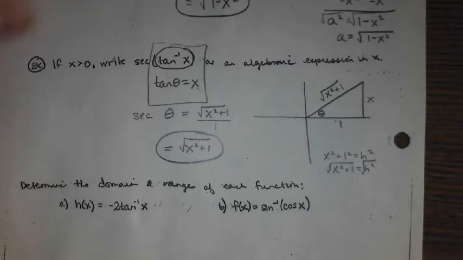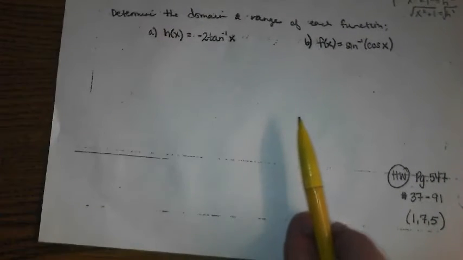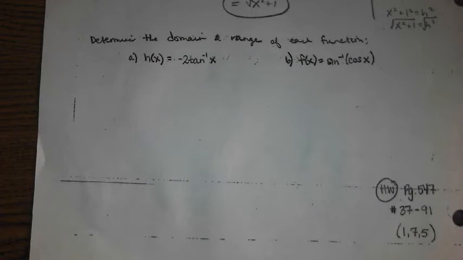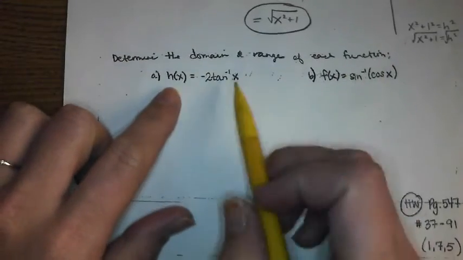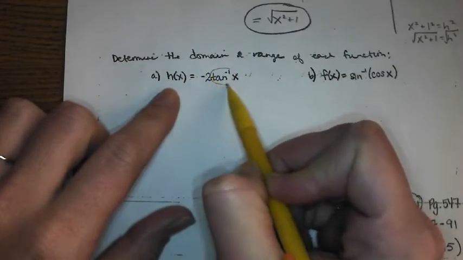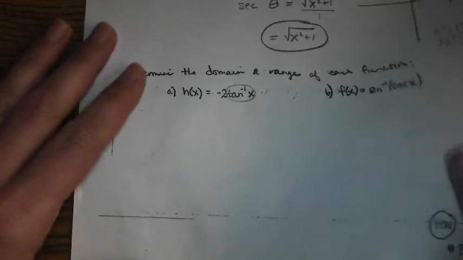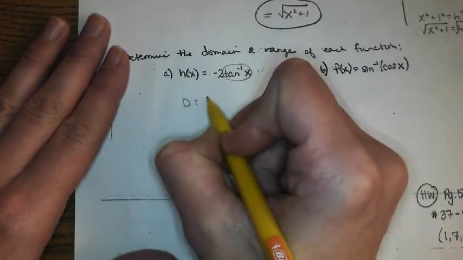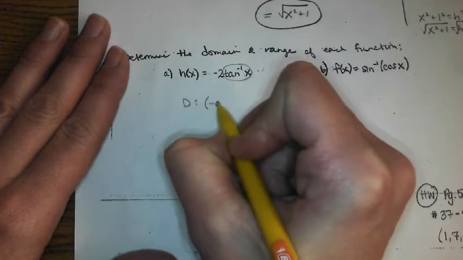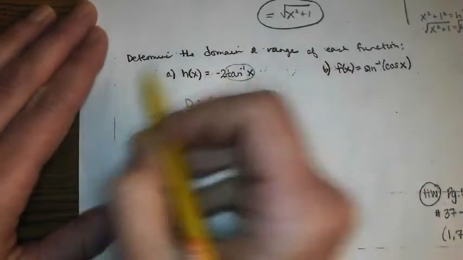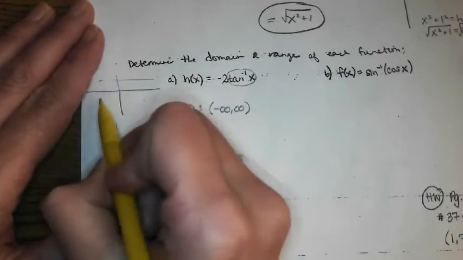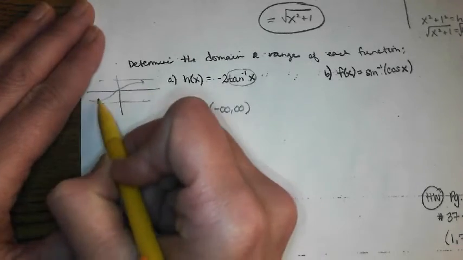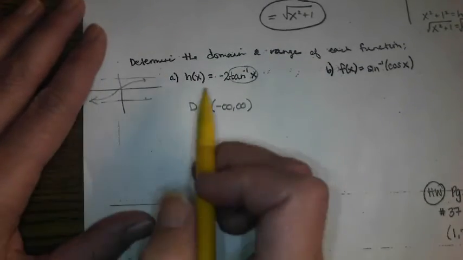Okay? Down below, determine the domain and range of each function. Well, for part A, the domain is going to be the same as it was for inverse tangent, which is all real numbers. Honestly, my mind immediately envisions the parent graph of that. So all real numbers.